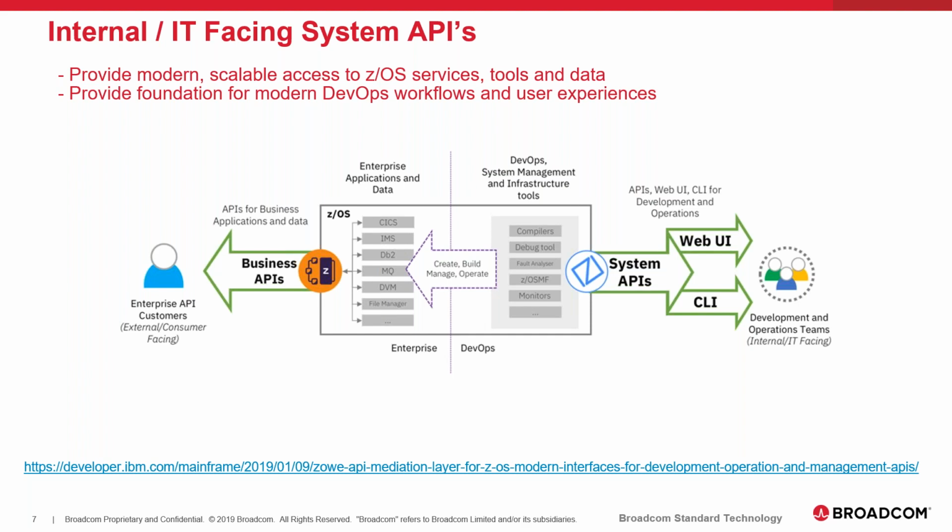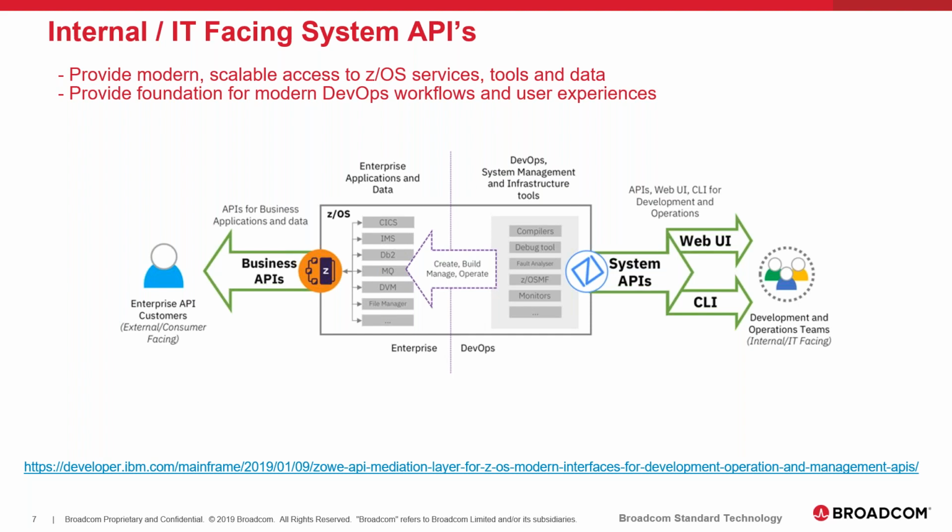Because there is a very clear distinction between business logic APIs and, say, system APIs, which we have on the right. And many times I heard this question whether the API mediation layer or Zowe works with the business logic APIs. And at this point it doesn't. I think the biggest advantages are on the right.